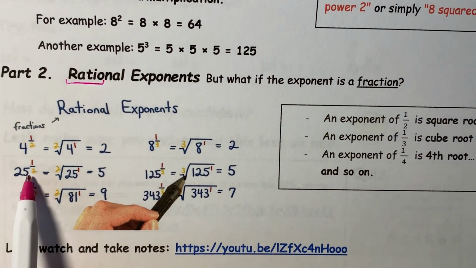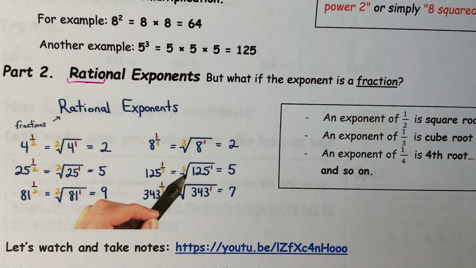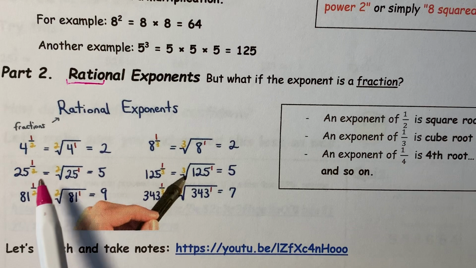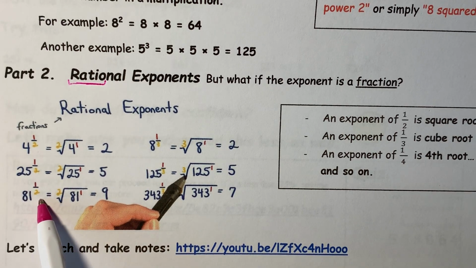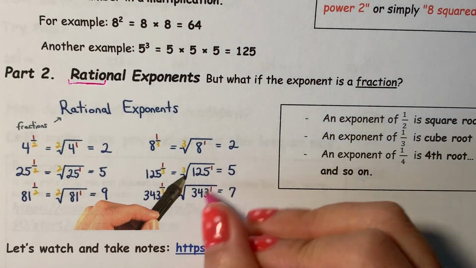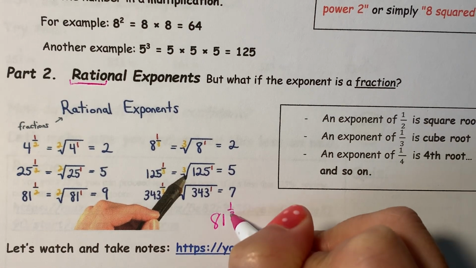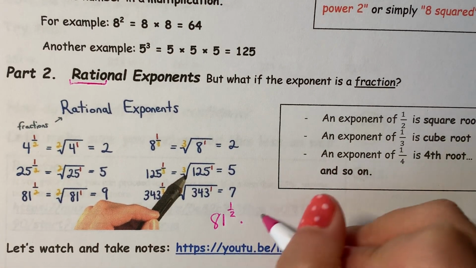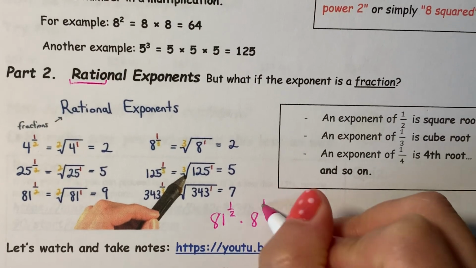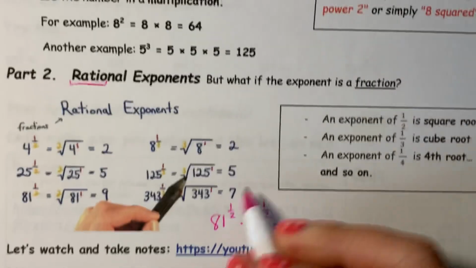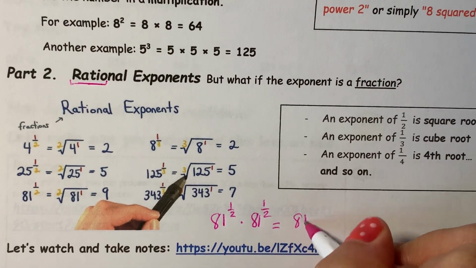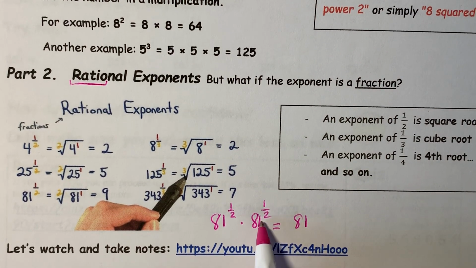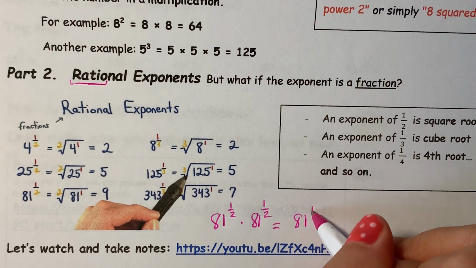So 25 to the 1/2 means the exact number that you multiply by itself to give you 25. Okay, 81 to the 1/2. You want to know what it is: if I multiply that by 81 to the 1/2 again, then I'm going to have 81. 1/2 and 1/2, when you add together, will give you 1, right?